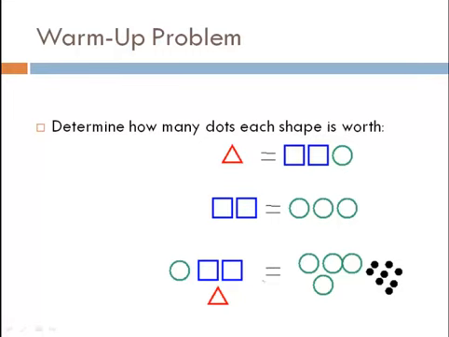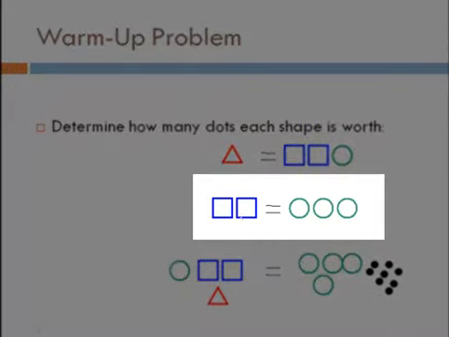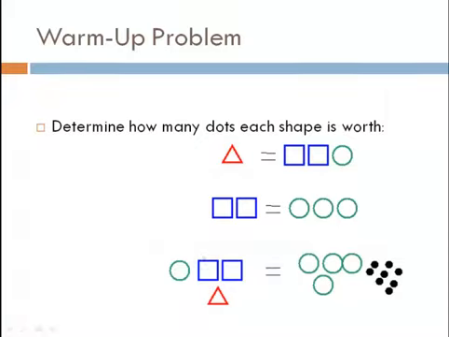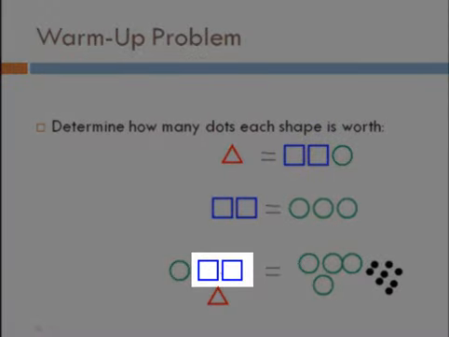So, give up already? Let's see what we can do. I see in this equation that 2 squares is equivalent to 3 circles, and I see down here in this bottom equation that I've got 2 squares.